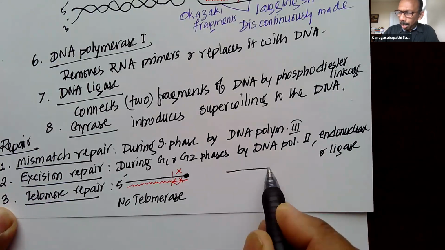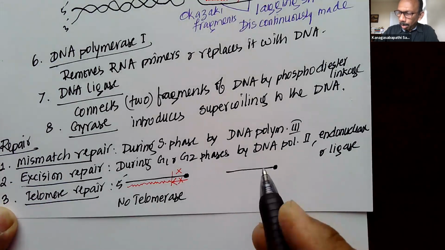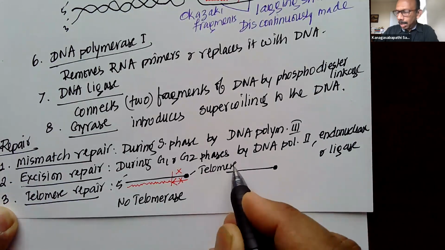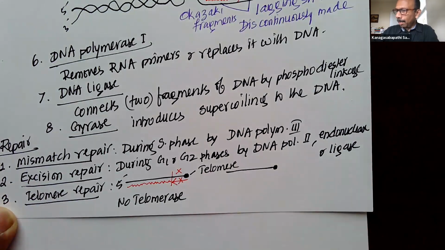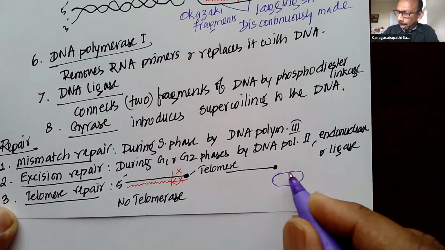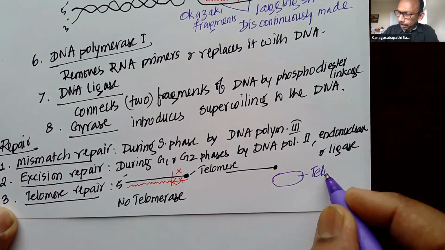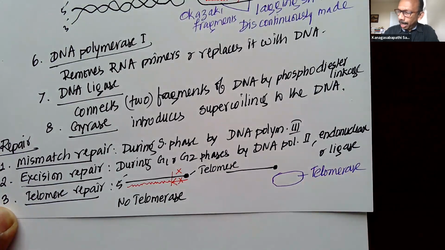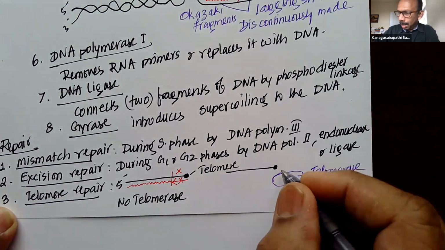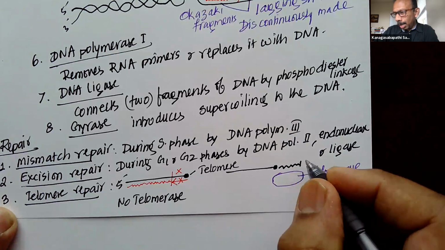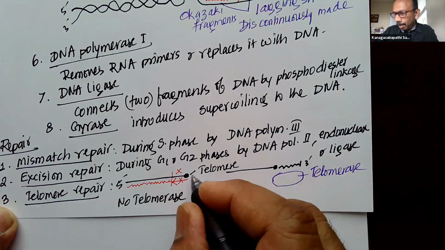But with telomerase, if this is a telomere, this is a telomere, what it does is the telomerase enzyme comes in. It will allow the DNA to be extended to a further region. So this is the 3' end, this is the 3' end.